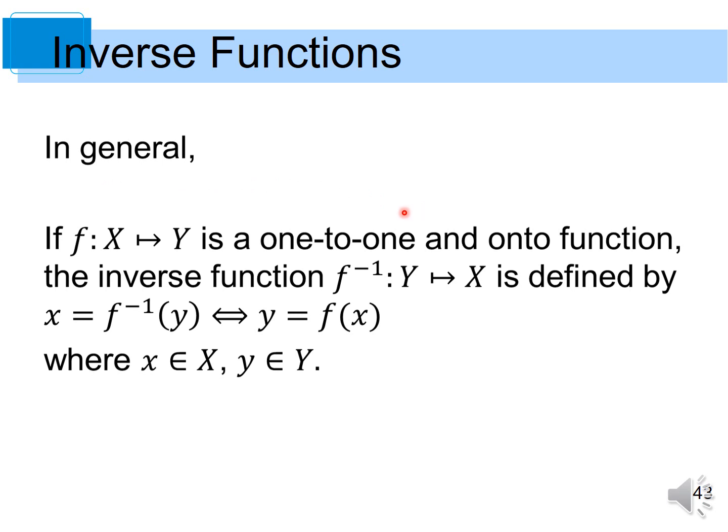For the inverse function, if f(x) equal to y is a one-to-one and onto function, the inverse function of y is equal to x, defined by x equal to f inverse of y, which is also equivalent to y equal to f(x), where x is an element of the domain and y is an element of the range.